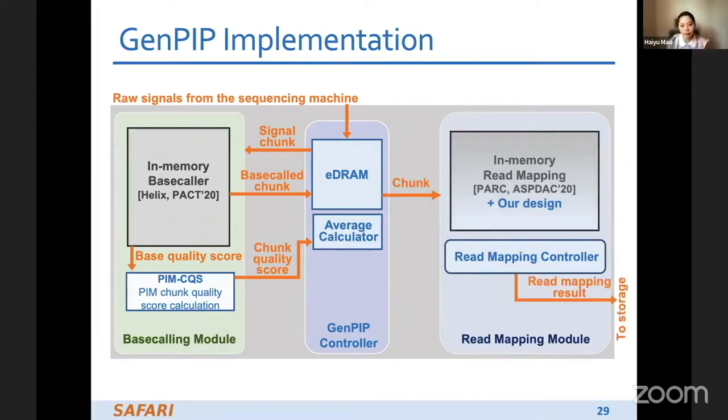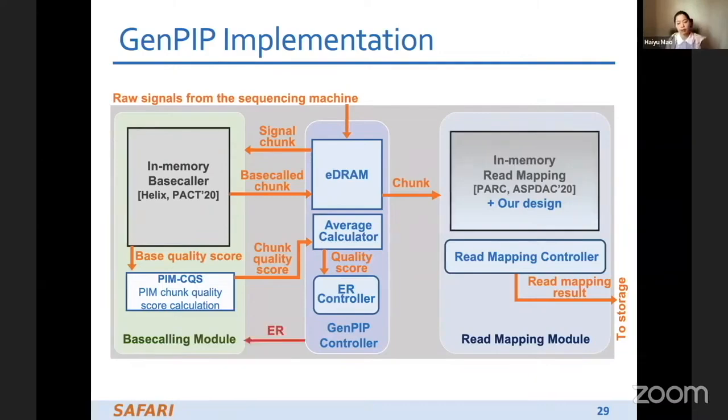To enable the early rejection, we get the information from the chunk quality score calculation. And there's an ER controller inside the GenPIP controller to compare the quality scores with the threshold.